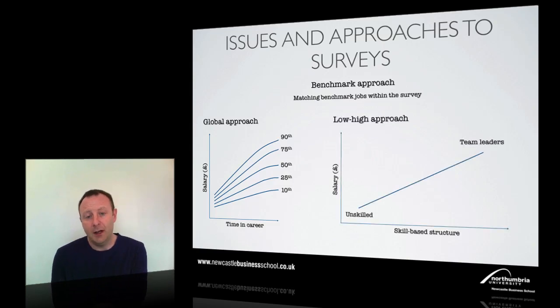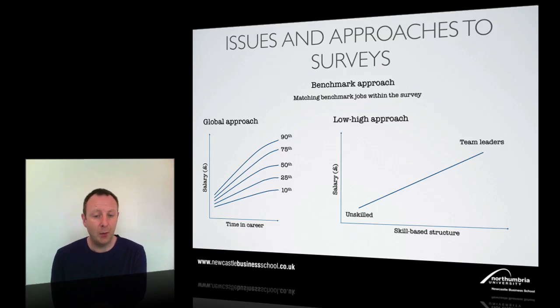There may be other situations as well where it becomes very difficult to match in the way that I've described in the benchmark approach. And this is particularly the case where you may have a skill-based structure. So you've decided that it makes sense for your organisation to distinguish internally between employees based on skills or competence or whatever.